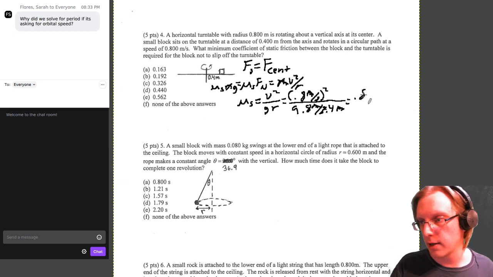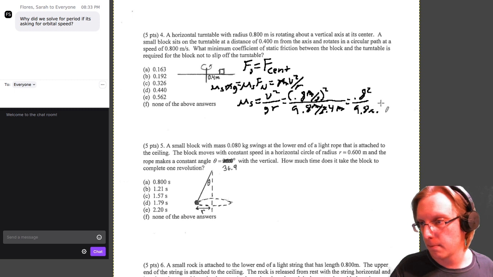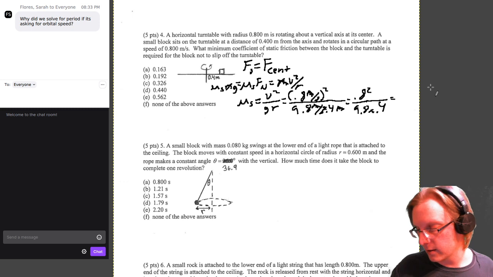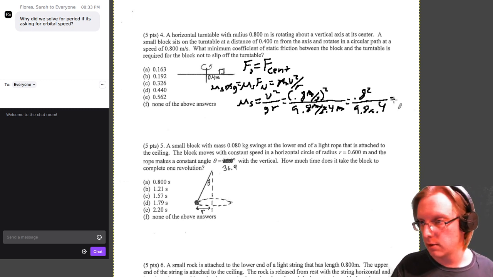So 0.8 squared divided by 9.8 times, not 0.8, 0.4. And that is 0.8 squared divided by 9.8 times 0.4, which is 0.163.